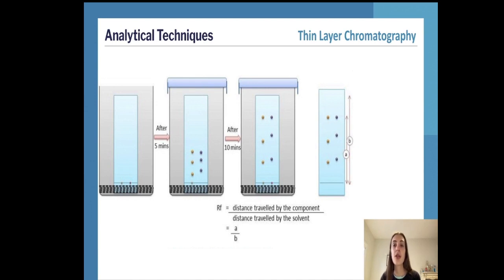Now we need to measure the distance between the 1 centimeter line drawn at the bottom and the highest point on the mobile phase that has been reached, as well as the distance between the line and each dot from the sample which we see along the plate.